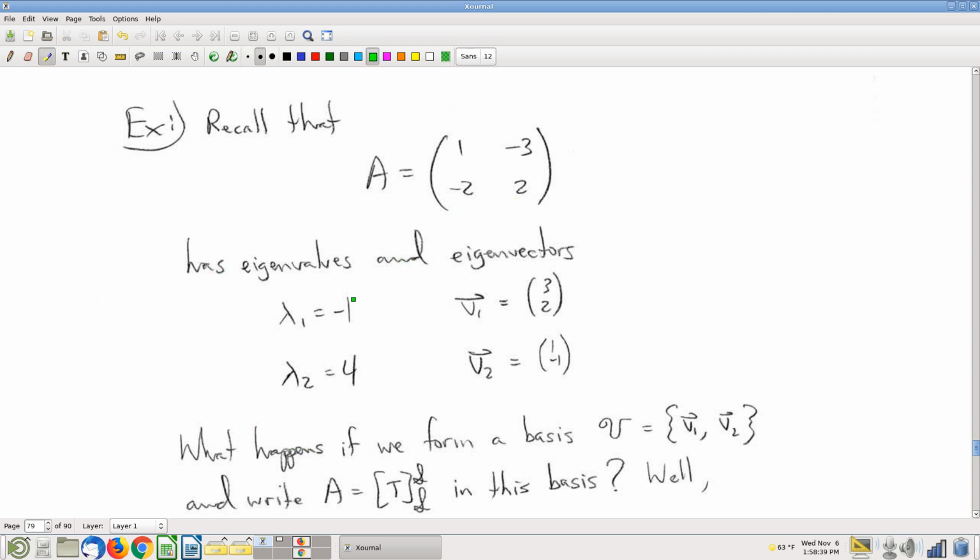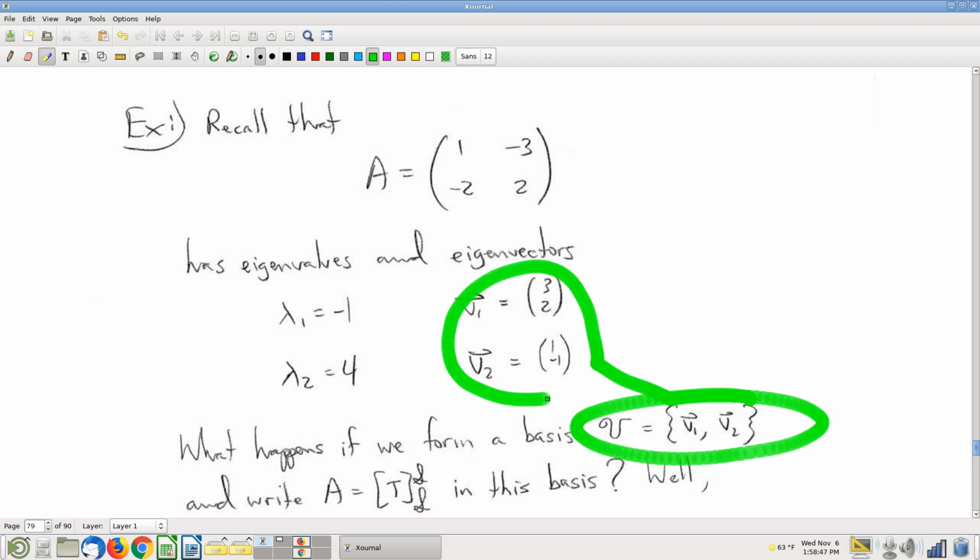Let's see what happens if we do a change of basis using this basis. Namely, let's use the eigenvectors to form a basis. Weird, right? But go with me on this. Let's use the eigenvectors to form a basis, and then do a change of basis. Namely, let's conjugate, right? Change of basis is a conjugation.